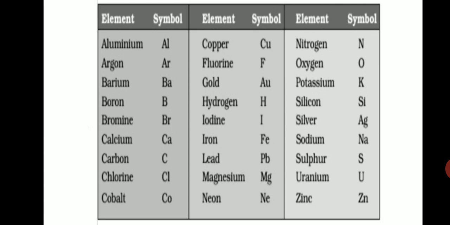The chemical symbols of these you have to learn by heart. Aluminum: the first letter is A and the second letter is the small letter l. Argon, it is Ar. Barium, it is written as Ba. Boron, B. Bromine, Br. Like this the elements are written.